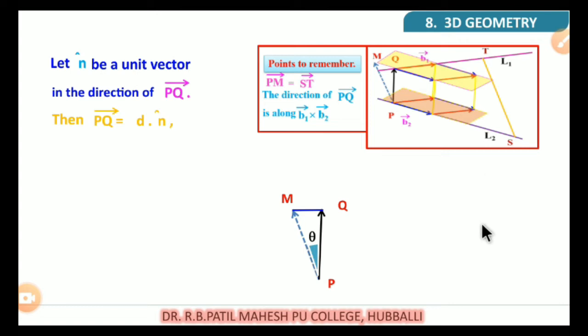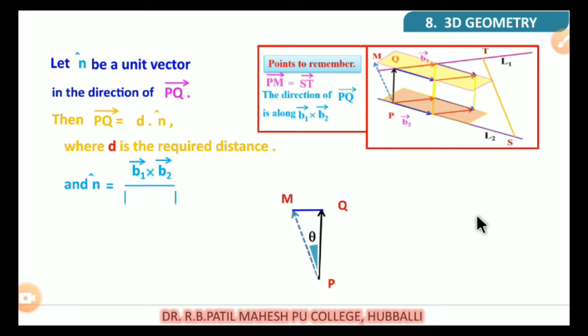N cap is the unit vector in the direction of PQ, so that D is the required distance between these two lines, and n cap can be taken as B1 cross B2 divided by magnitude of B1 cross B2. So this is the value of n cap, the unit vector in the direction of PQ, and PQ vector is equal to D n cap.